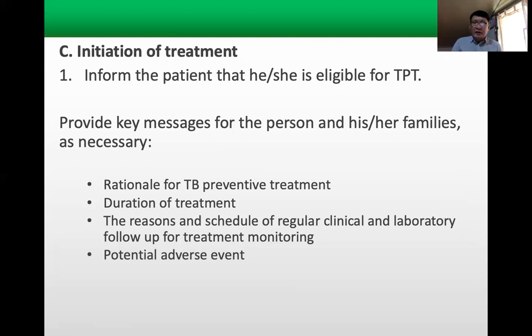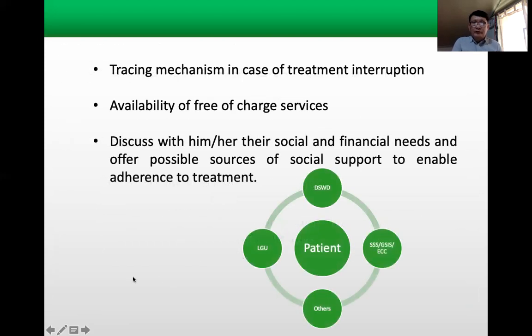Again, we have to provide key messages, not only in the treatment of active TB, but even in the treatment of LTBI. We have to give the rationale for TB preventive treatment, the duration of treatment, the reasons and schedule of regular clinical and laboratory follow-up for treatment monitoring, and the potential adverse events. Okay? So there should be a tracing mechanism in case of treatment interruption.